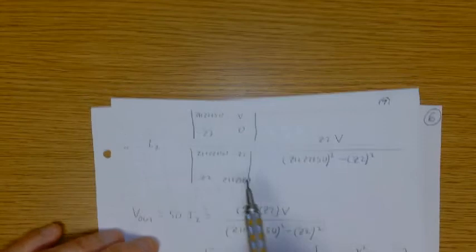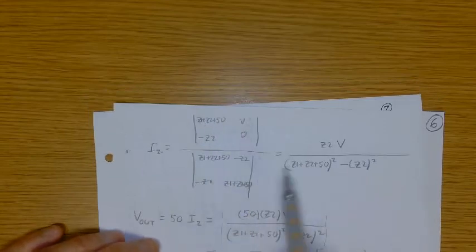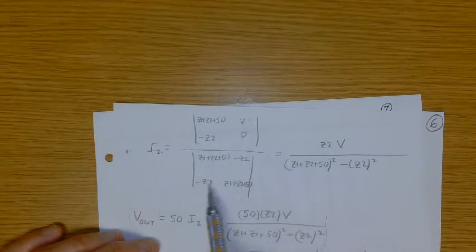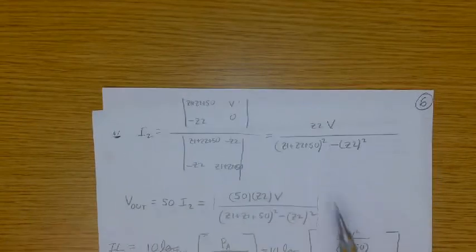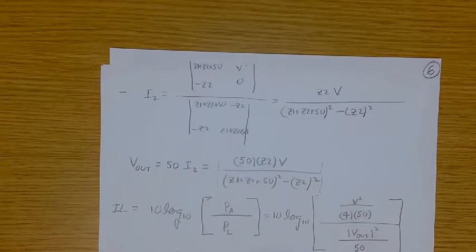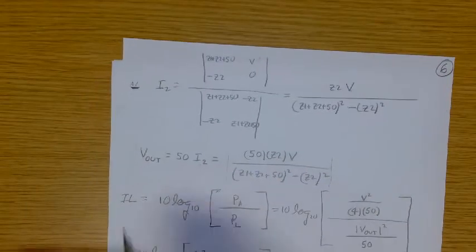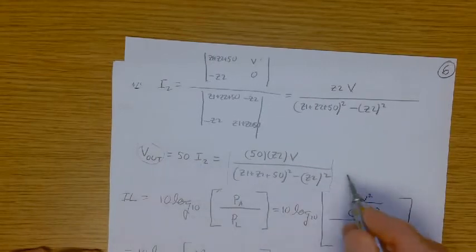So here's my output with the circuit in place, with my bandpass filter in place. And then on the previous page, I've got my output with the circuit removed.